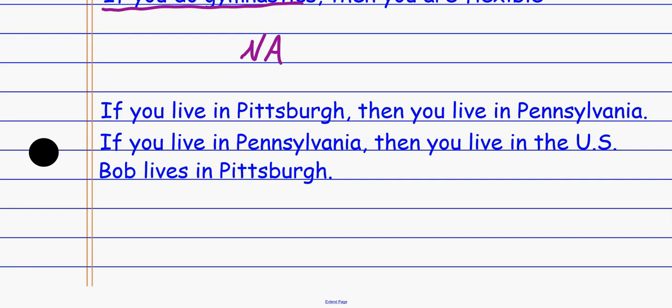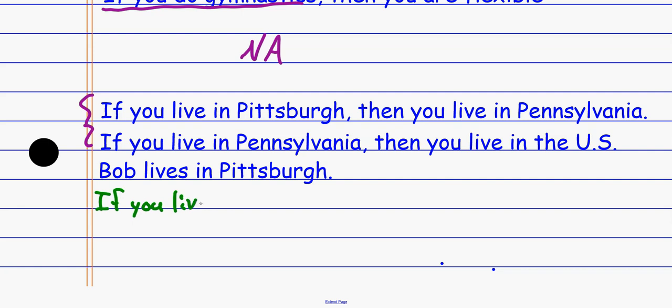Okay? And we can do that because, when we look at these first two statements, we can use the law of syllogism and say, hey, well, let me jump to a different color here so we can read it better.